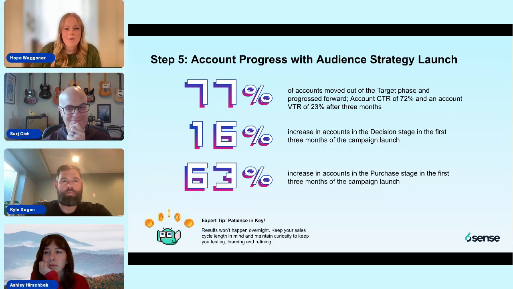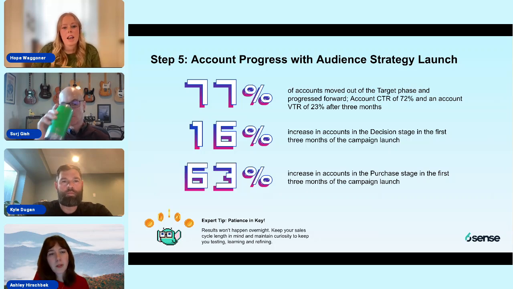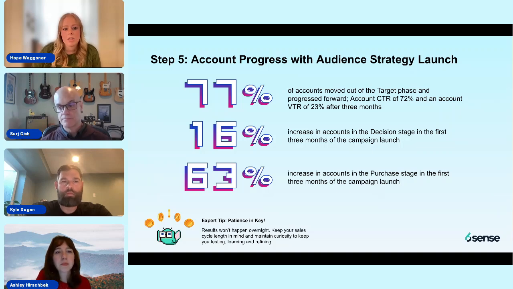And then the account view-through rate of 23% after 3 months. What we're seeing here too is by getting those accounts out of that target phase and moving them further along, we saw a 16% increase in accounts in the decision phase and a 63% increase in accounts in that purchase stage. This is incredible metrics, but really want to focus on the fact that patience is key when we look at an ABX program.